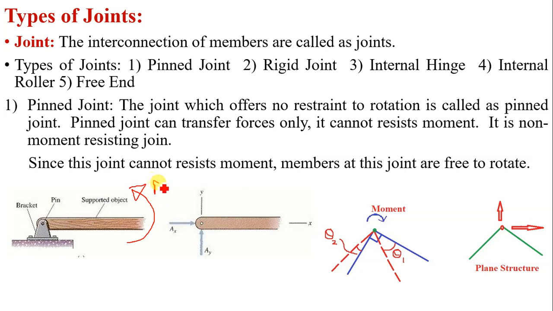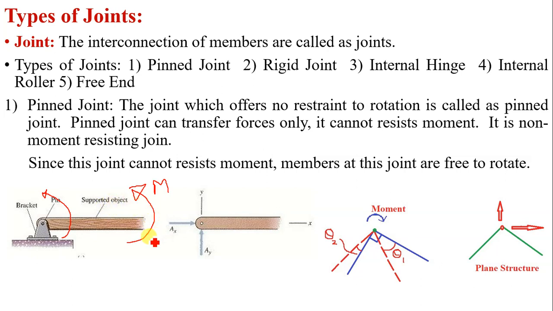Now what will happen? If you apply a moment like this, the member will rotate about this joint in the same direction as that of the moment. Why? Because the joint is not offering any resistance to this applied moment.